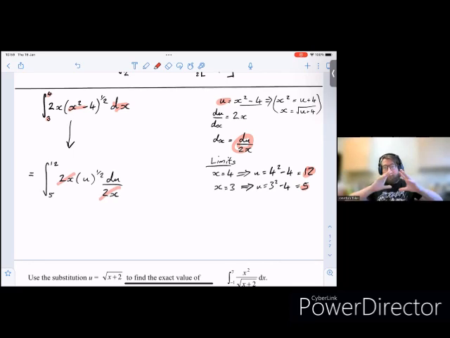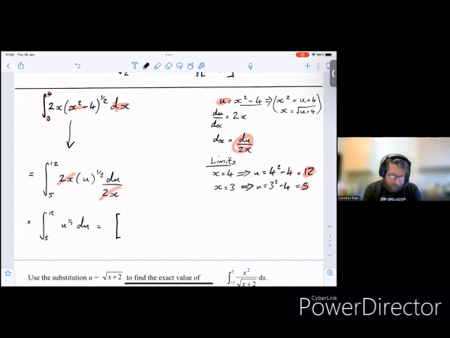These are all being multiplied together. The du over 2x is being multiplied by all of that, so the 2x's cancel. So we've got the integral between 5 and 12 of u to the half du. And again, we've managed to turn a complex integral into a relatively simple one.